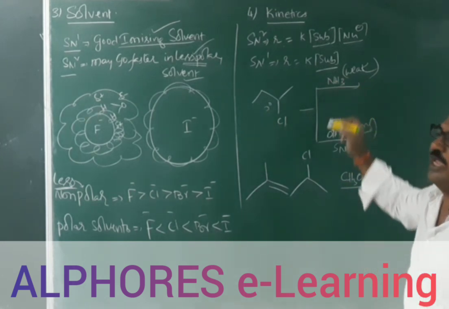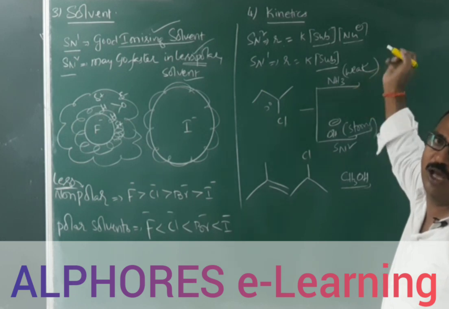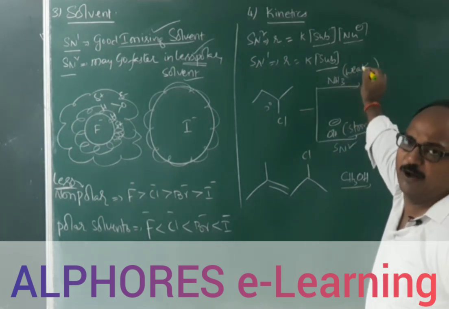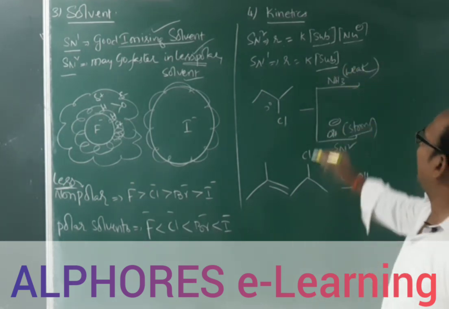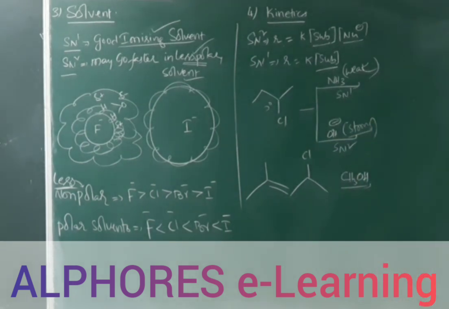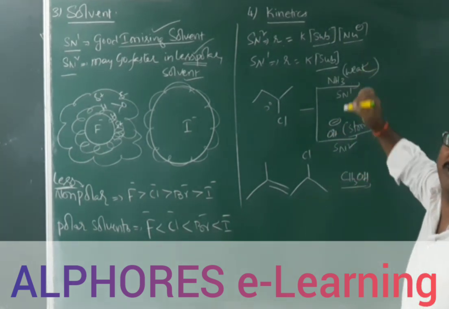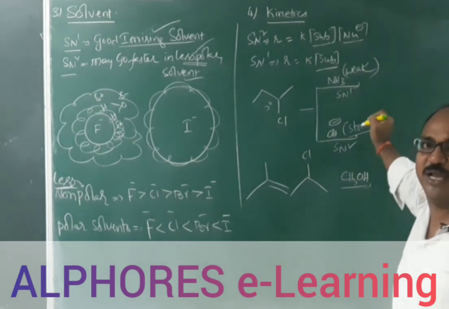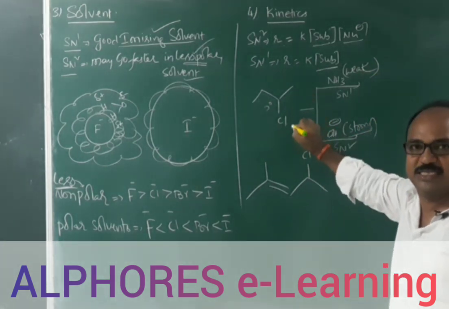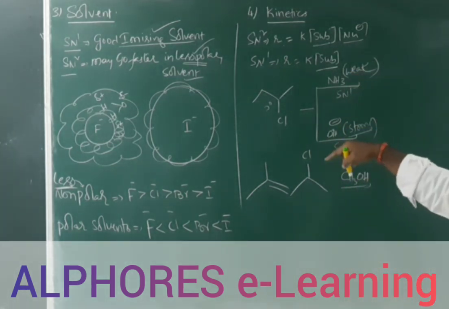Since ammonia is a weak nucleophile and also a solvent molecule able to form hydrogen bonds, it proceeds by the SN1 mechanism instead of SN2, because of the weak nucleophile, the polar solvent, and the hydrogen-bonding solvent. Even though the substrate is the same, when we change the nucleophile, we obviously get different products.